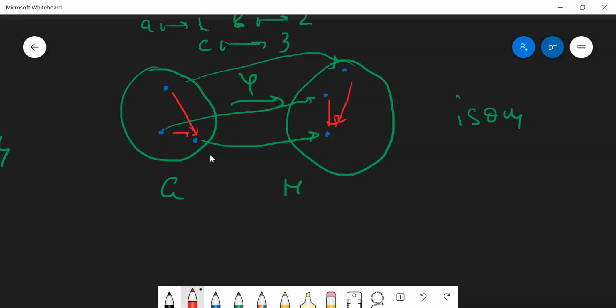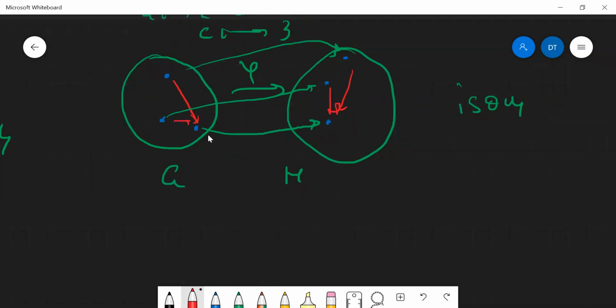So this simply means that the operation on G remains the same when you rename all the elements. So isomorphism means that you rename all the elements and you switch the notation for the operation, but the set is exactly the same set, and the operation is exactly the same.